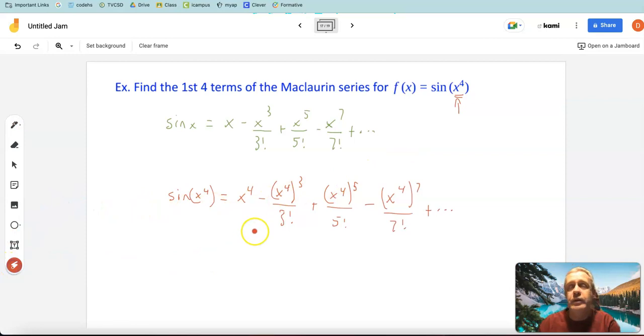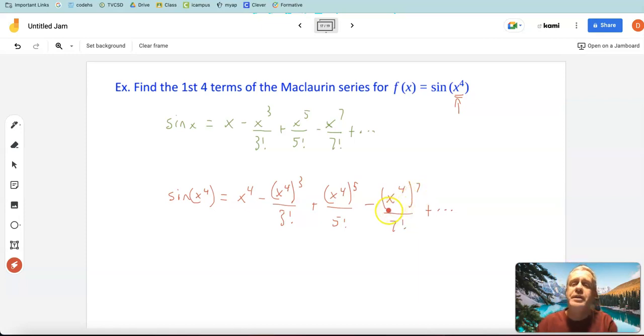And I claim that was a heck of a lot easier than using the Maclaurin polynomial formula, because if you think about it, we don't have to simplify these terms down. There's no calculus involved to do that. But if we did simplify down, especially this last term, the power that this x would have is x to the 28th power, which would mean if you were to try and use that Maclaurin polynomial formula, guess what derivative you would have to go up to?